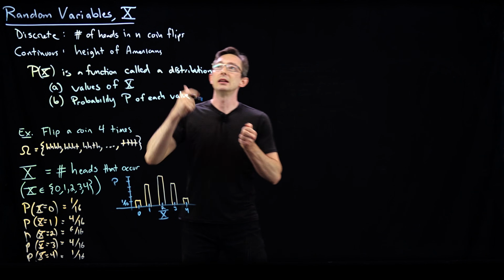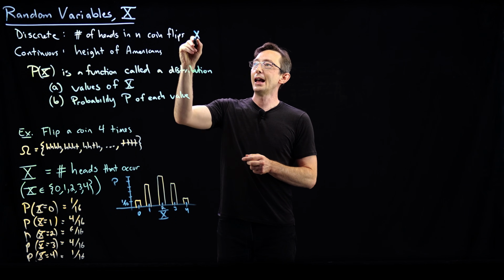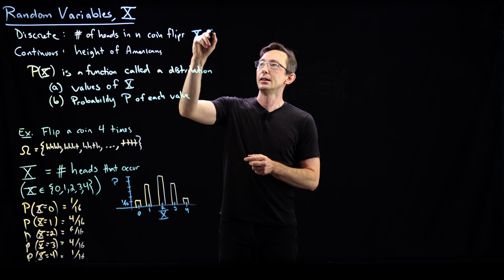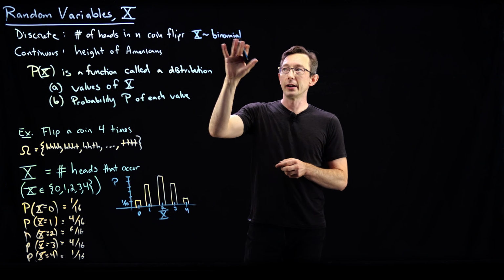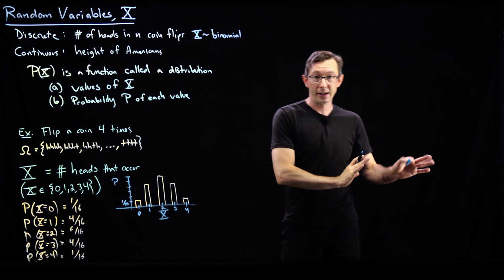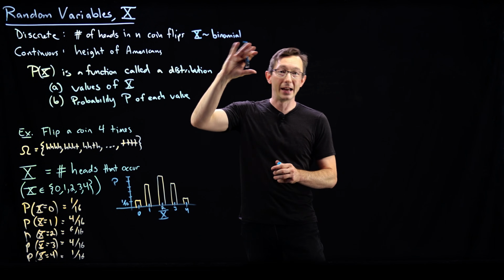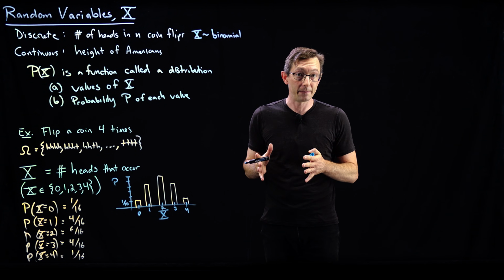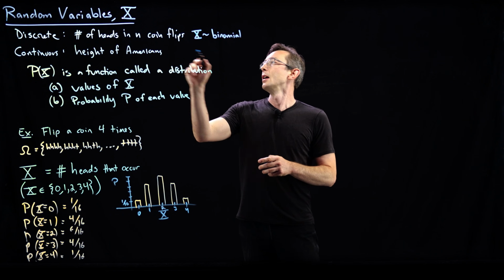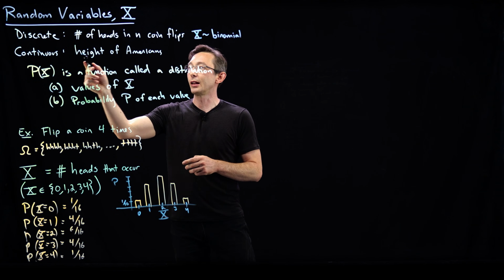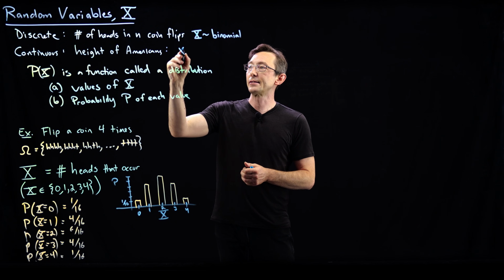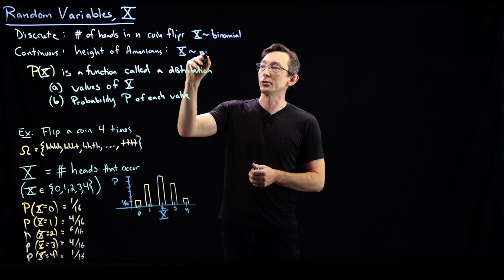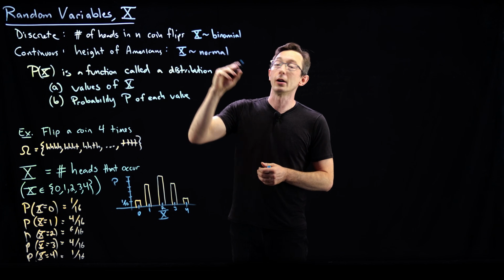We're going to say x follows a binomial distribution. We're going to define what this is in one of the next lectures. It's related to those binomial coefficients that we looked at earlier. If we have a continuous variable like the height of Americans, this is actually going to follow a normal or a Gaussian distribution.